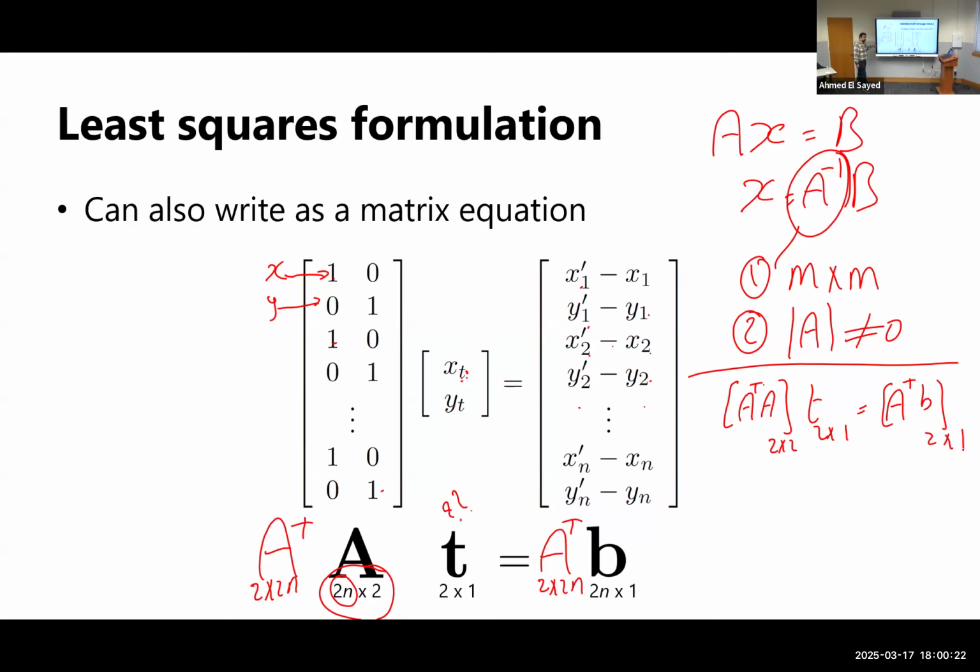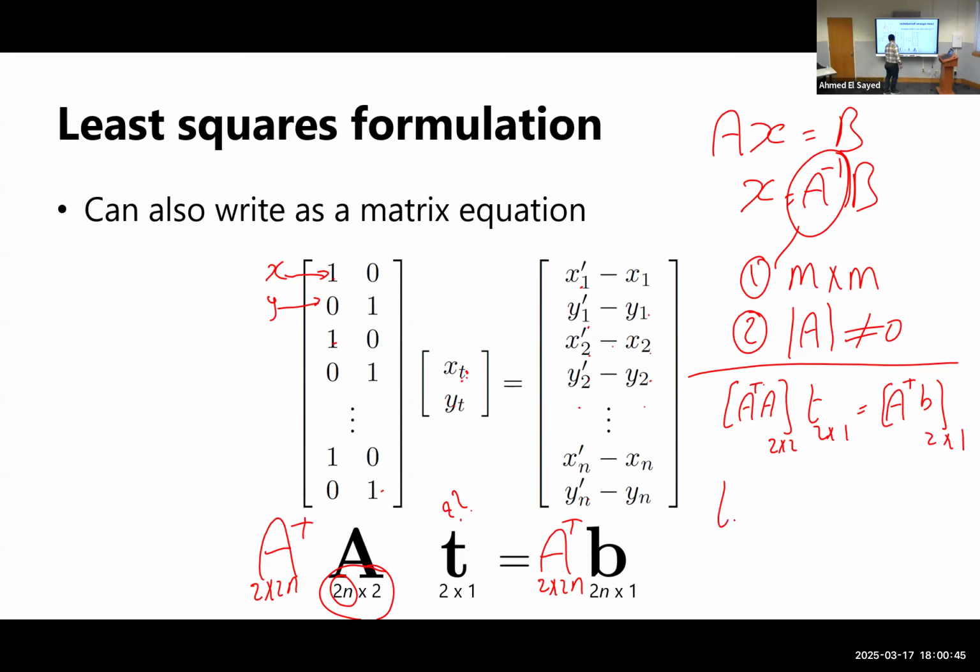The system is converted to this equation: something 2 by 2 times 2 by 1 equals 2 by 1. Can I apply this rule now or no? Yes, because the condition is now satisfied. It's a square matrix. So I will check the determinant, calculate the inverse, and send it to the other side.